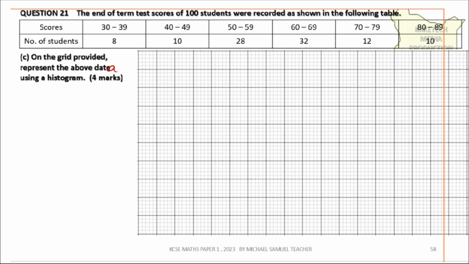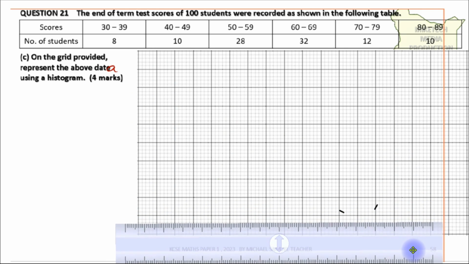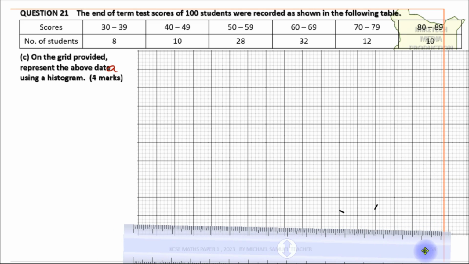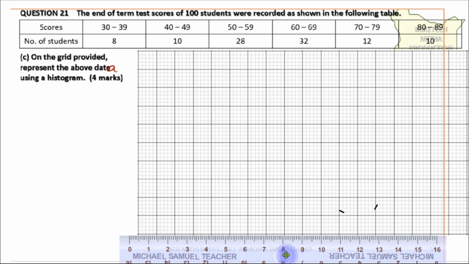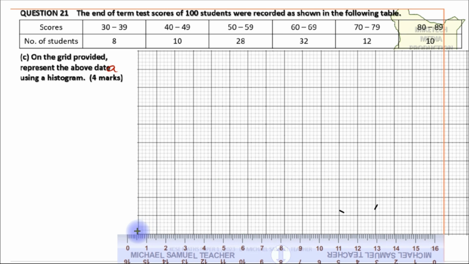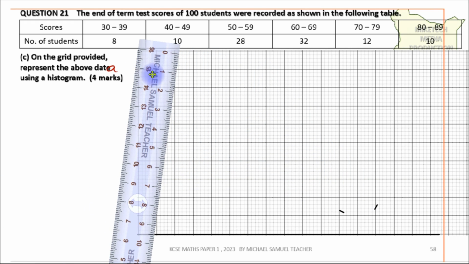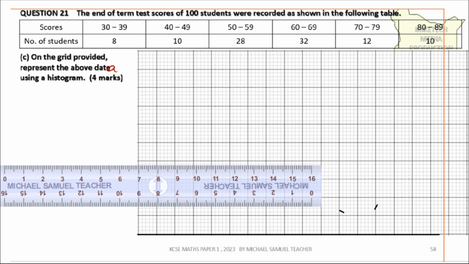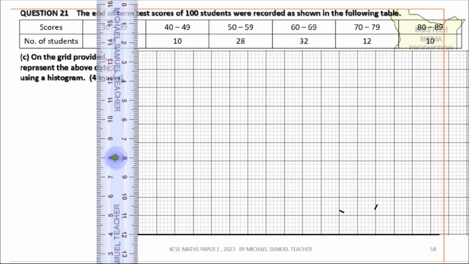So just take the ruler and then we draw. Also draw the y-axis.